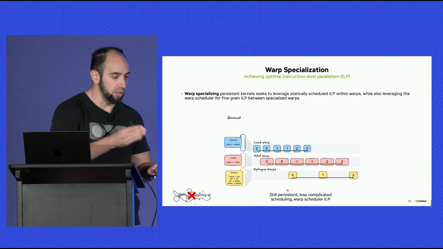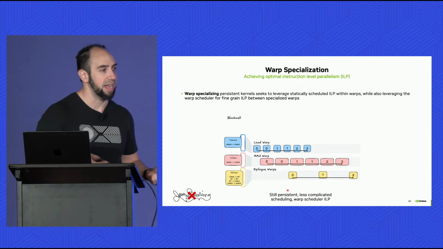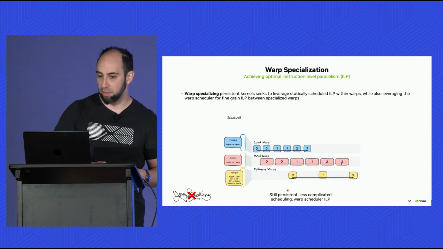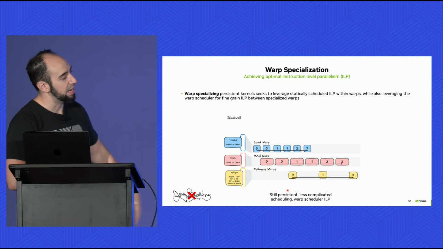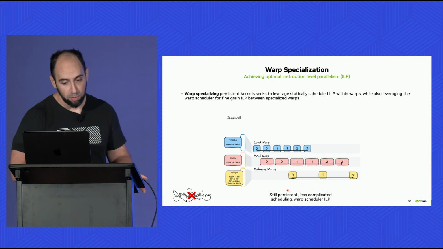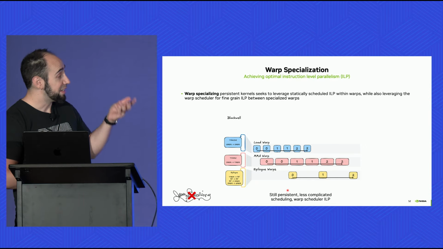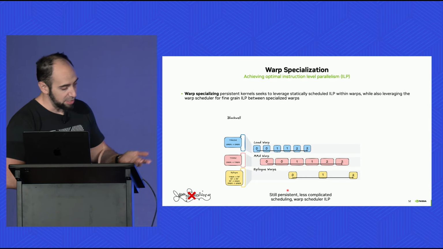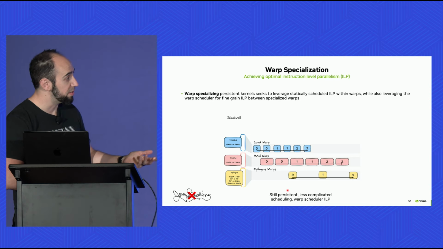The load warp just loads, and then blocks when you run out of backing shared memory to load into. You have to wait until the MMA warp signals that it's done, and you can then do your next loads. So the scheduling becomes simpler here, which is great. And it's still persistent, which is great. And with Triton, as I'll mention a little later, you can still do software pipelining within one of these warps if you'd like to.